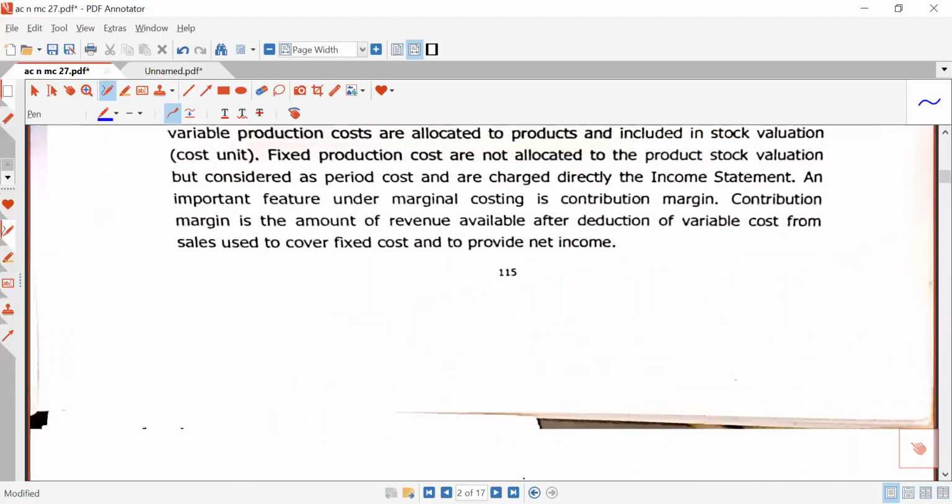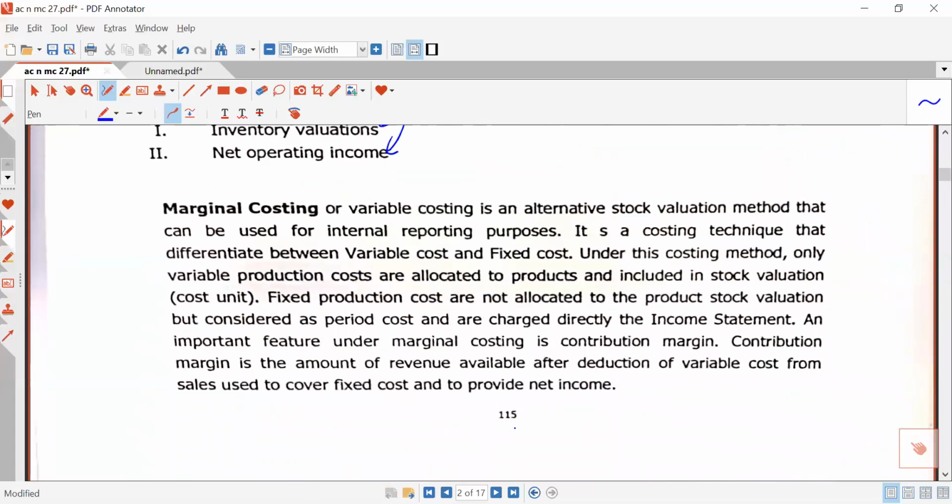Whereas marginal costing, another name is variable costing, is where you value your stock, and this is used for internal reporting purposes.